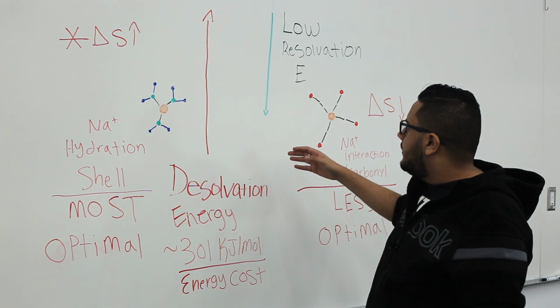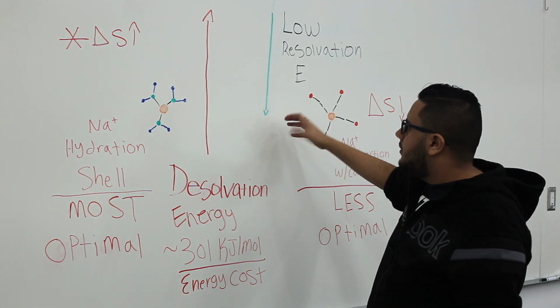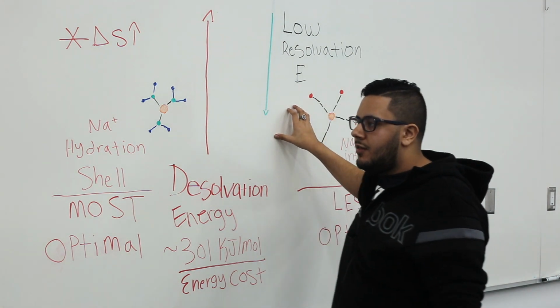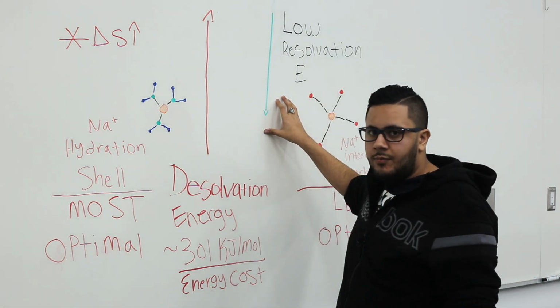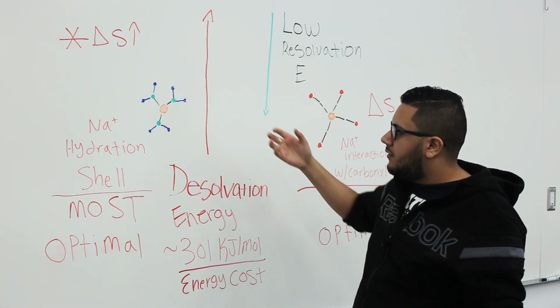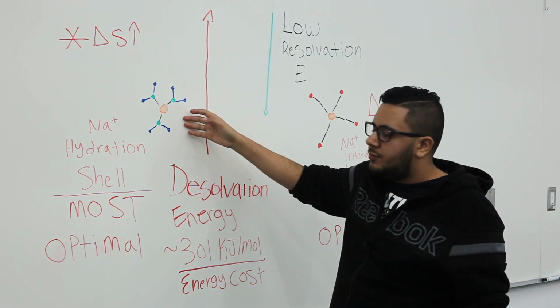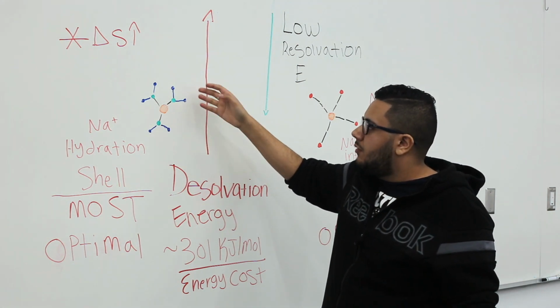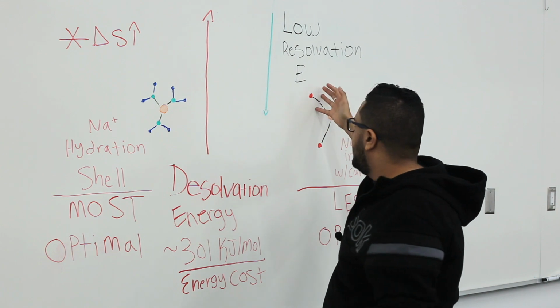It simply goes back to resolvation energy. The resolvation energy for sodium is much smaller than the resolvation energy we see in potassium. And that is simply because sodium forms much more optimal non-covalent interactions with water than it does with the carbonyl backbone.